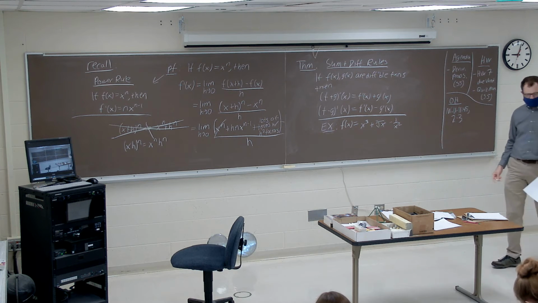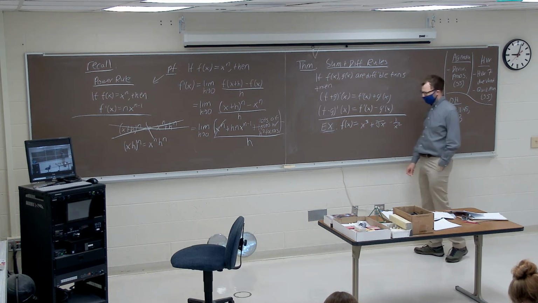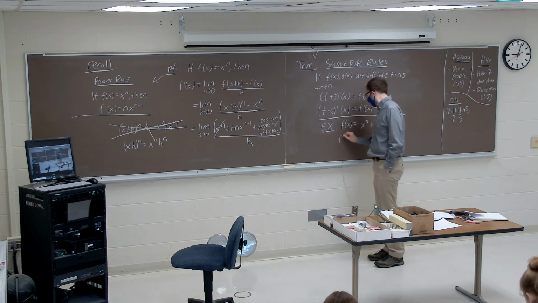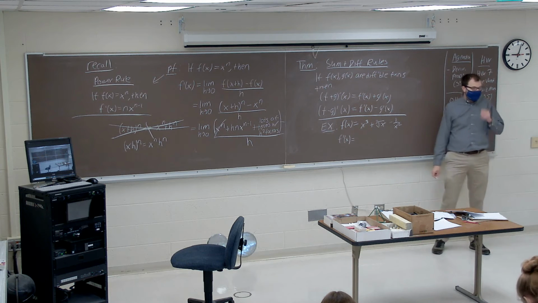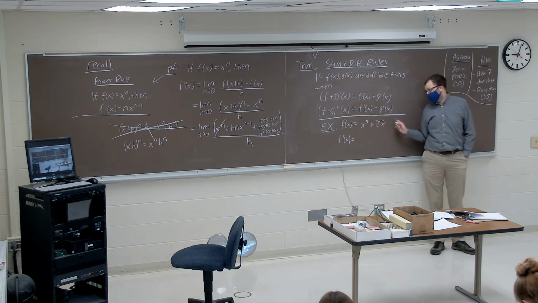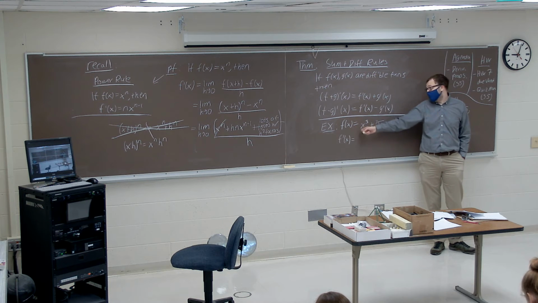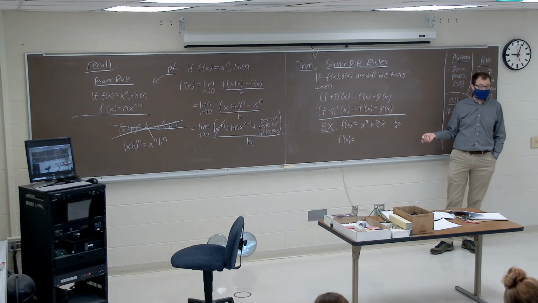Let's see what happens when we try and differentiate this. So according to the sum and difference rules, if we want to differentiate this function as a whole, we can just differentiate each of the individual terms and then add or subtract accordingly.